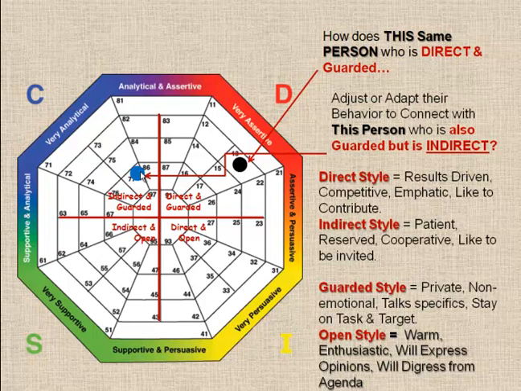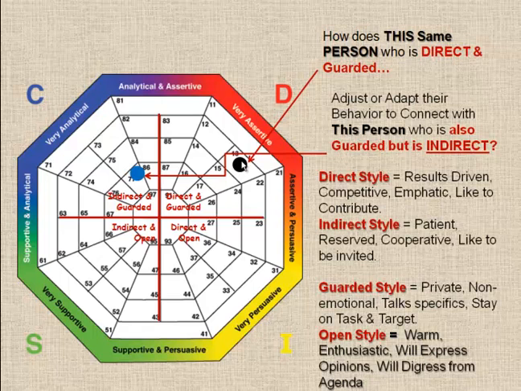This person over here is way more patient. He's reserved, or she's reserved, cooperative, and wants to be invited. This person doesn't need to be invited to volunteer their opinion. They're assertive, very assertive. These people are very analytical. Only 8% of the world is like this. 18% of the world is like this.